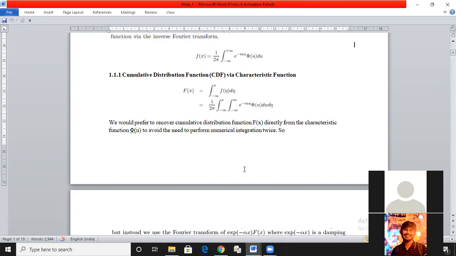Yes, sir. For moment generating function, it's a significant issue. But even with that, because we have this unique one-to-one correspondence between characteristic function and the distribution function or density function, starting from moments, this is a very good path. And that is where this thing is so important.